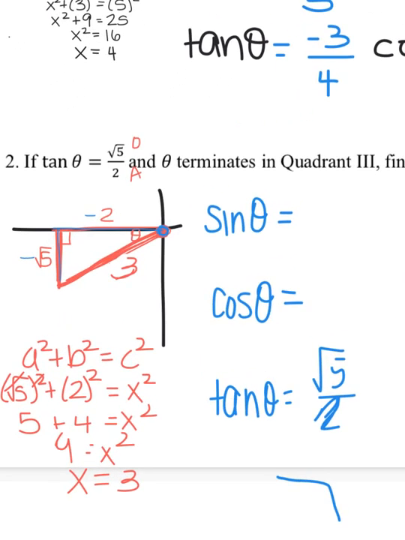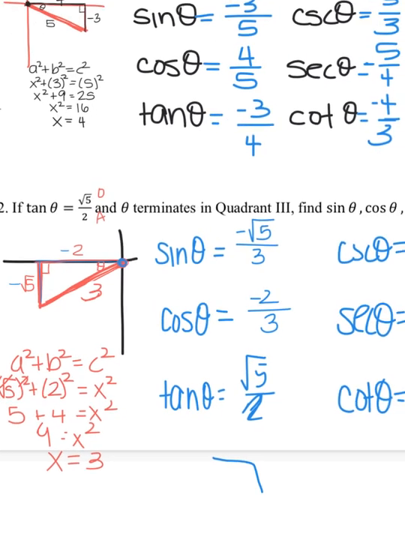Sine is opposite, which is negative square root 5, over hypotenuse, which is 3. Cosine is adjacent, negative 2, over hypotenuse, which is 3. Tangent, again, opposite is negative square root 5, over adjacent is negative 2. The negatives canceled out. So if you did that separately or if you just copied it from the question, it doesn't really matter. So let's do the reciprocals.